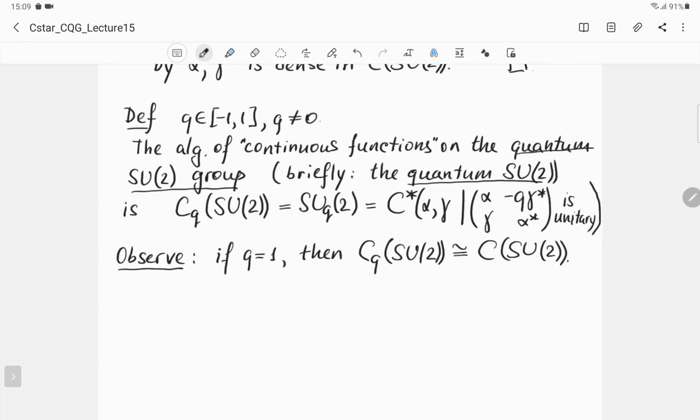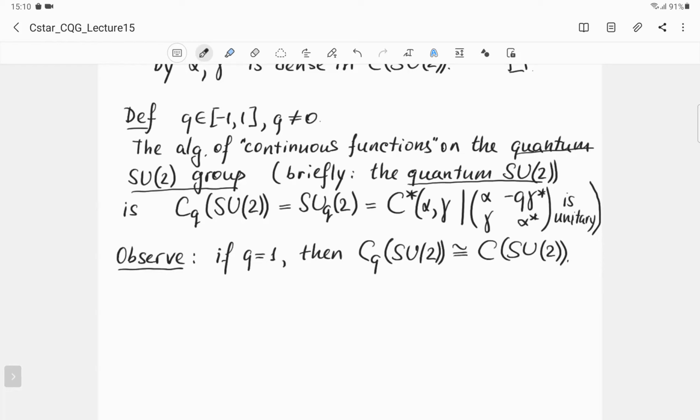In some sense, the family of these algebras indexed by the number q can be interpreted as a continuous deformation of the algebra of continuous functions on SU(2). This statement can be made precise if we use the language of continuous bundles or continuous fields of C-star algebras. But this is a long story, which is quite different from our main topic, so this is outside the scope of our course. Anyway, in some informal sense, this is a kind of deformation of the algebra of continuous functions on the SU(2) group.